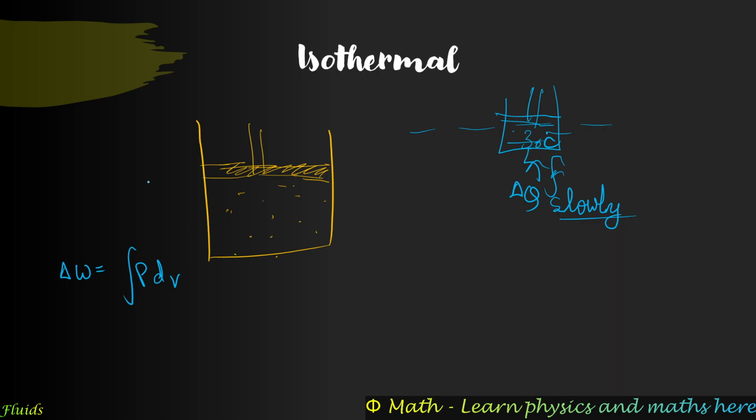We also know that PV is equal to nRT. From here we can say that P is equal to nRT by V. We have done this because we know that the volume is changing, and we know that for an isothermal process temperature is constant.